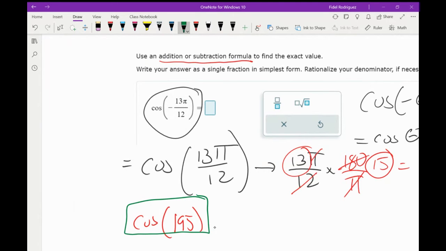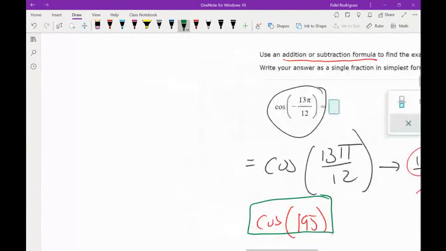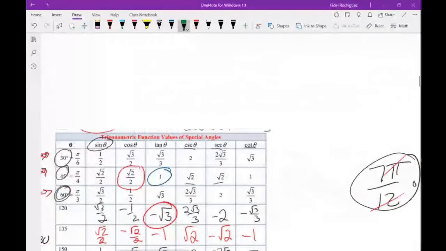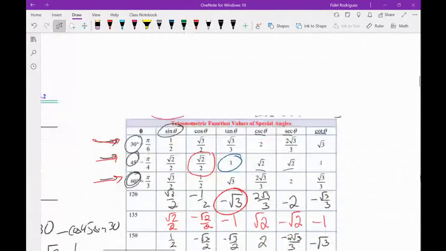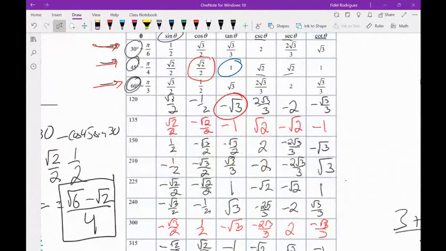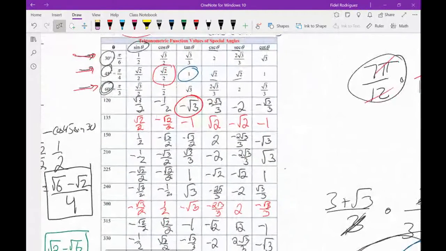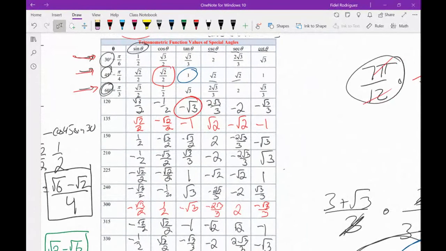So what I'm going to ask you guys is, using these values here, how can I come up with 195? What numbers could I use here? We could do 60 plus 135, couldn't we?